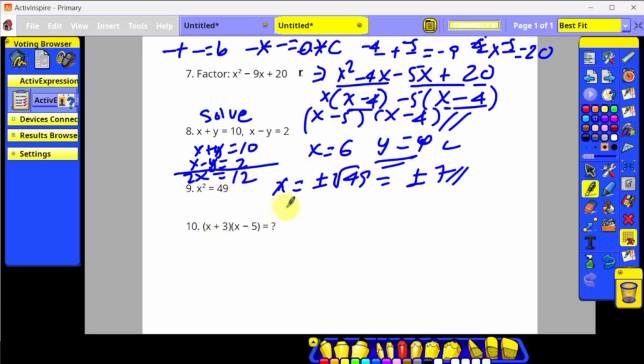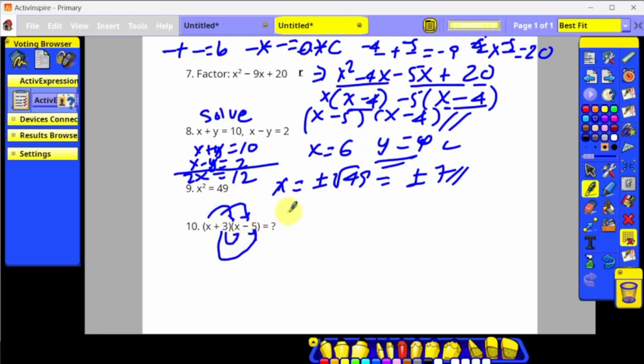So the other thing, you are asked to multiply this: x plus 3 times x minus 5, under bracket. So you multiply x by x, then this one by this one, then the other ones, and you add up.